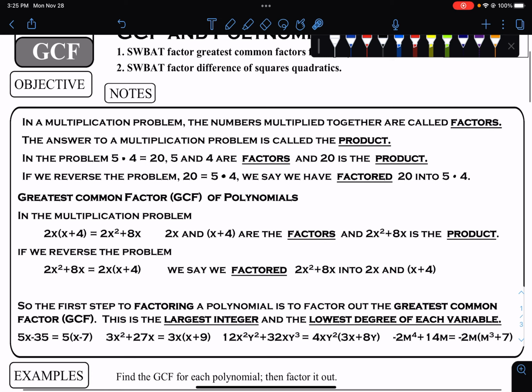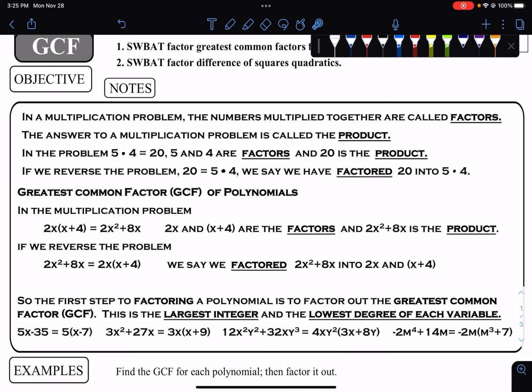Now, greatest common factor with polynomials. If I have a multiplication problem, 2x multiplied by x plus 4, I'm going to have to do the Santa hat and distribute, and that's going to equal 2x squared plus 8x. So in this problem, the 2x and the x plus 4 are my factors, and the 2x squared plus 8x is my product.